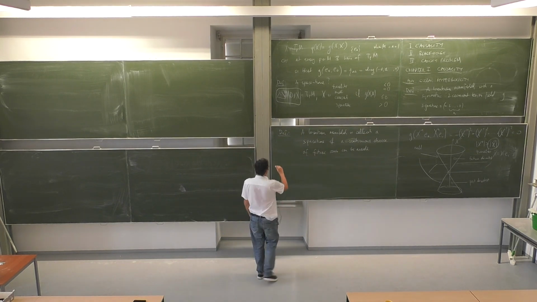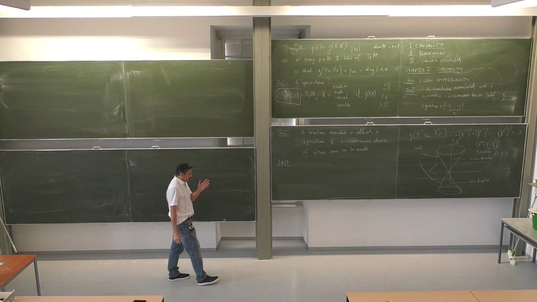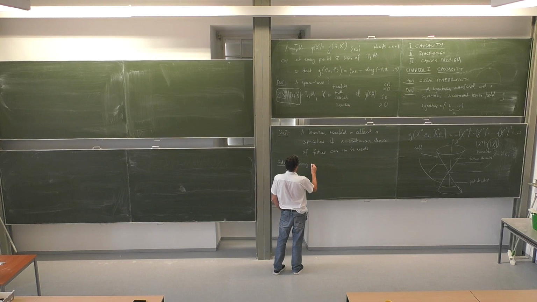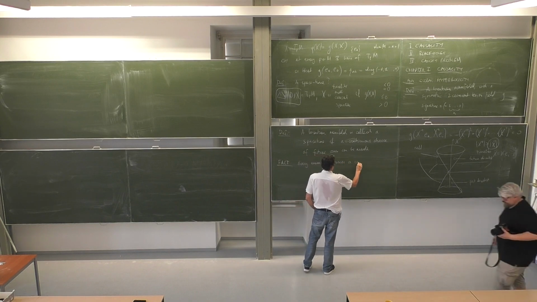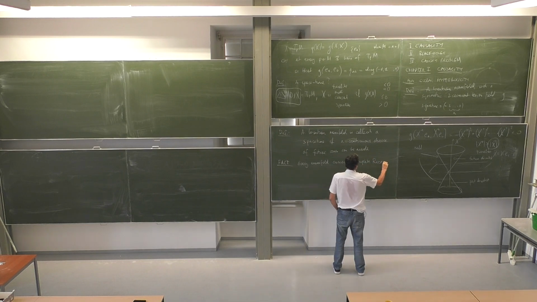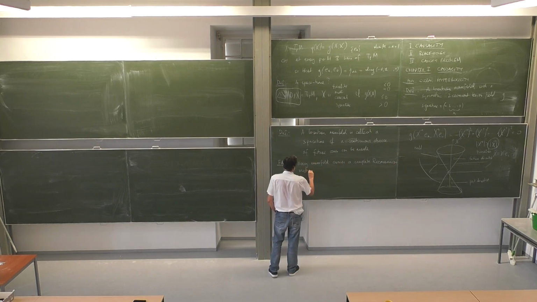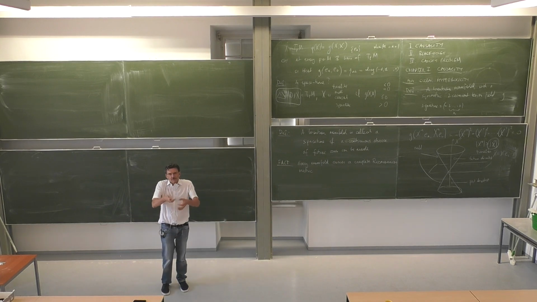Right, so now maybe a useful fact, which we're going to use throughout the lectures, is that every manifold carries a complete Riemannian metric. And that's fairly easy to prove, because on every coordinate patch you have a Riemannian metric.